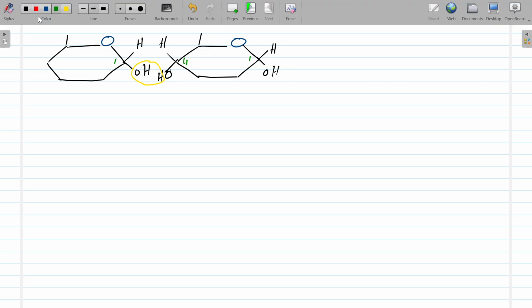These two are forming a bond, and you're losing a molecule of water. So this is a condensation reaction, basically when bonds are formed, but it entails a loss of a water molecule.